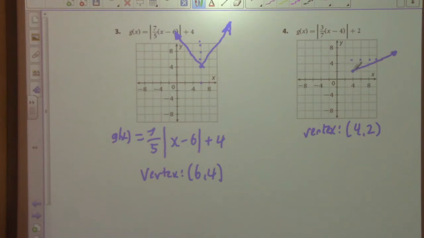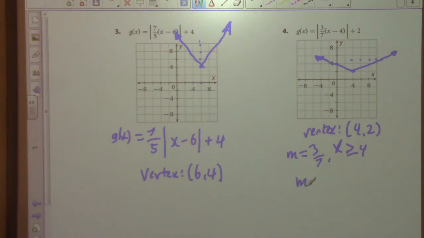Now, I want to tell you something that happened in my 8th period class yesterday. Jade said, what is this 3/7? He says, oh, it's the slope. Well, yeah, it is, but it's not exactly the slope, because this slope equals 3/7 for x greater than or equal to 4.